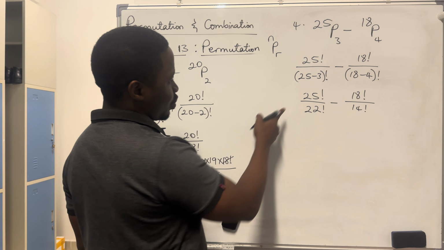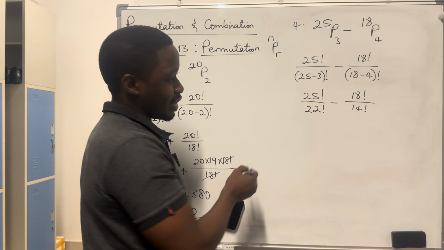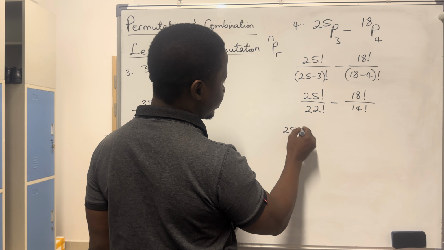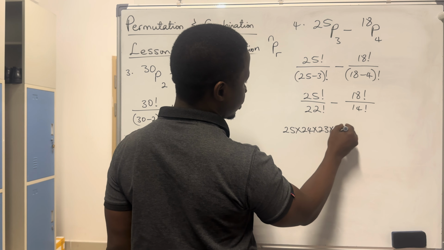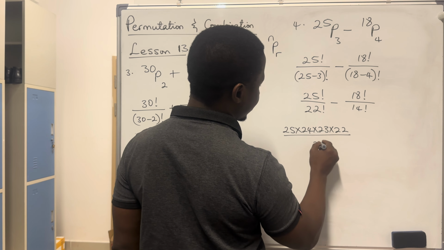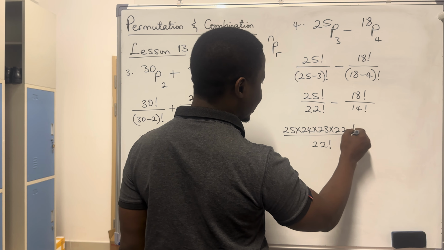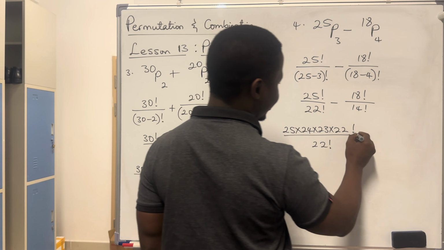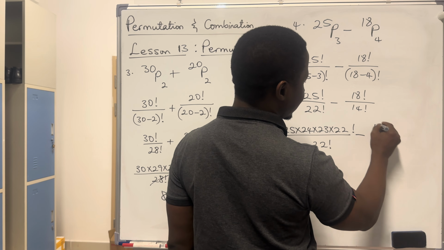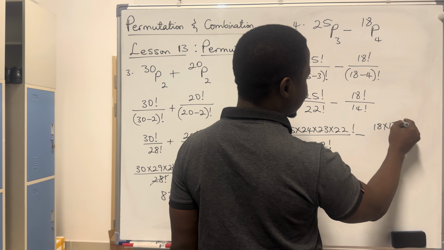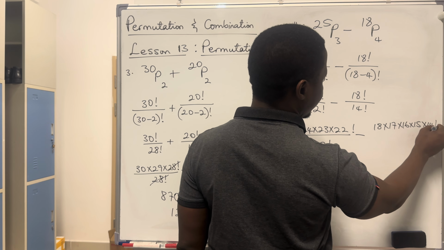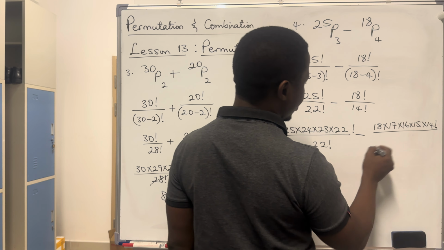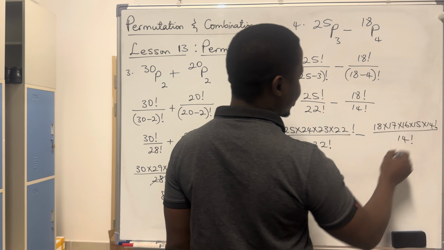What is next? We expand this until we see this one. So 25, 24, 23, 22 factorial over 22 factorial. Don't forget the factorial, please. Then 18 times 17, 16, 15, 14 factorial over 14 factorial.